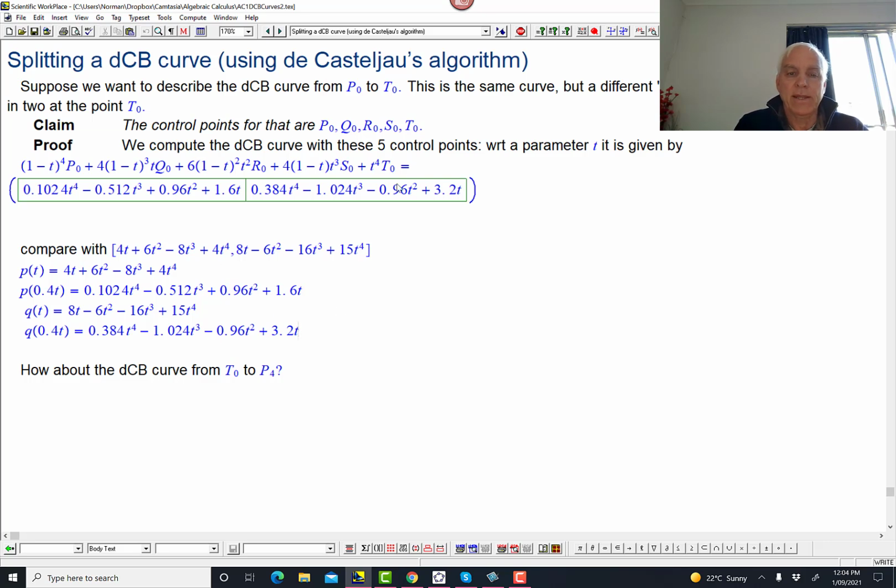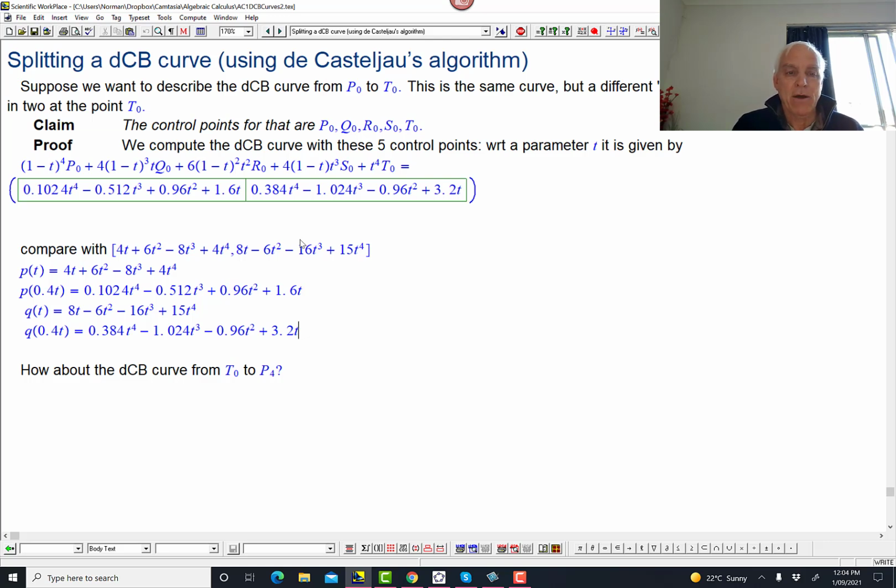And we see we get exactly this thing here. So that's telling us that as t goes from 0 to 1 in this thing here, that's the same as t going from 0 to 0.4 in this situation here. In other words, we're running right over that blue curve that we've already seen from the interval from P0 to T0.